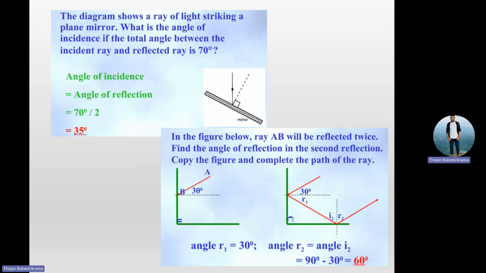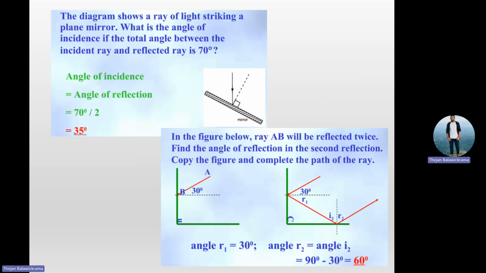You have a mirror surface like this, and the ray goes like AB at an angle of 30 to the normal. This 30 is our angle of incidence, do you agree? Then this is your R1, then I2, and this is your R2.